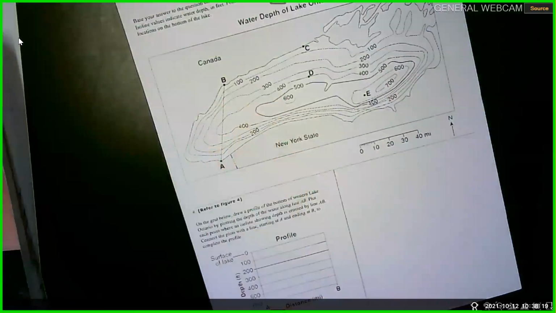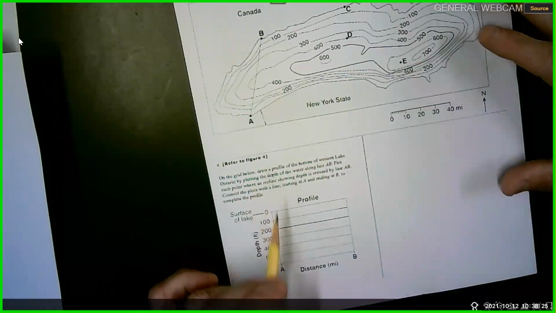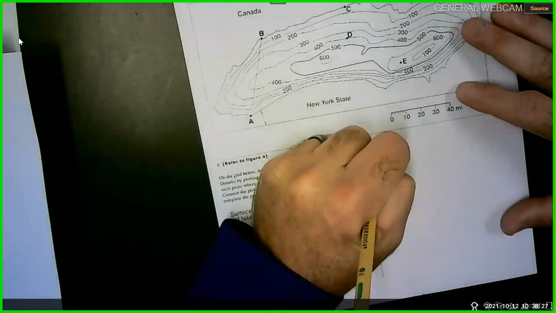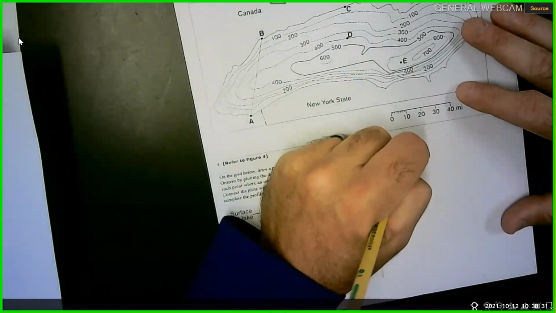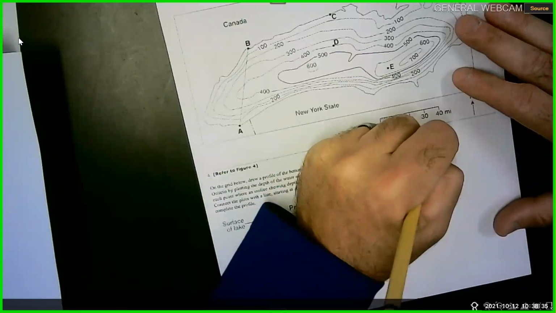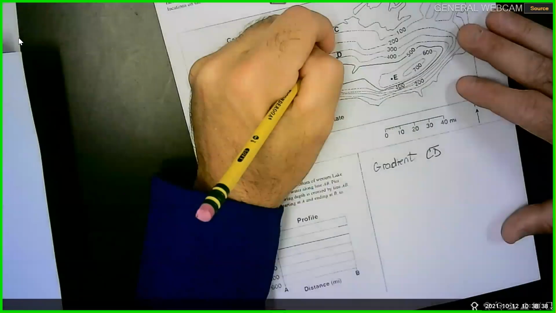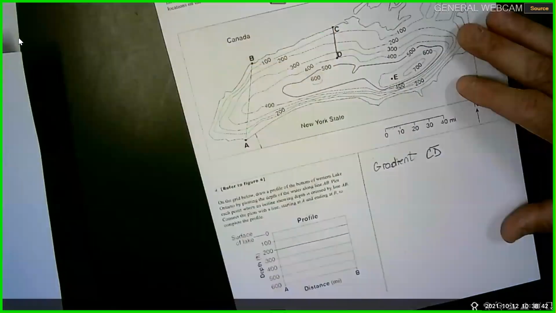All right, so now I'm going to leave AB up for you. So do the profile, and then we'll do the gradient of CD. So I want the gradient for that, CD.